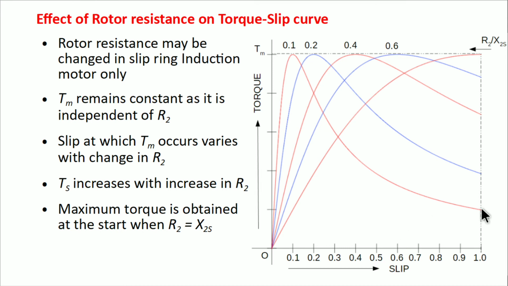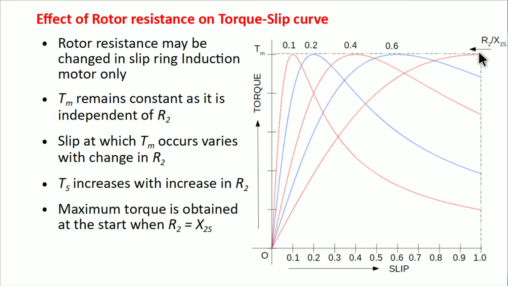Now the first value of starting torque is this much. In the second case, starting torque increases from here to here. Further, starting torque again increases. It becomes equal to maximum torque if this point is at slip equal to 1.